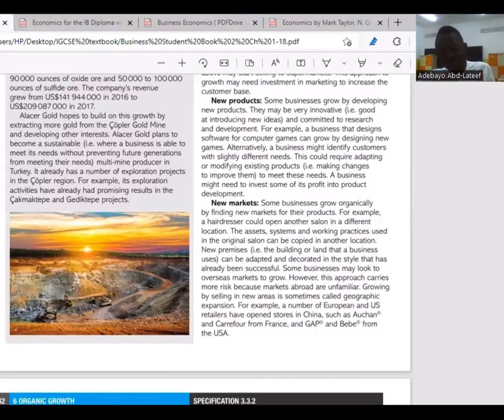What is diseconomies of scale? Diseconomies of scale is a cost increase that arises as a result of expansion. If you are expanding your business, logically your cost should reduce. But if your cost is not reducing in the course of expanding your business, it is diseconomies of scale. But if you are growing your business organically, it means you'll be able to notice whenever there is a problem, because you are not expanding fully, you are expanding gradually.